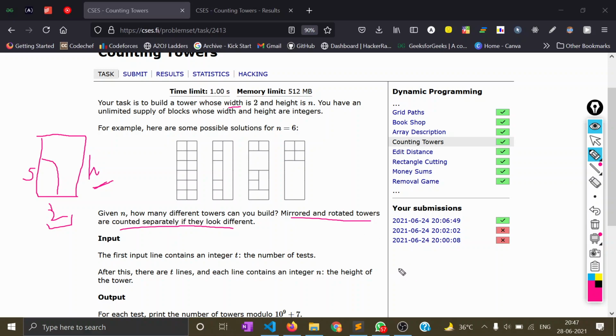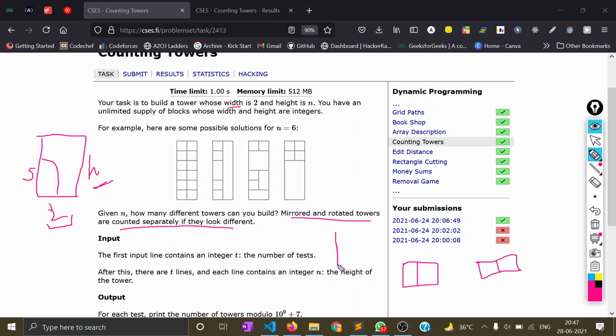So what does this statement mean? If we consider these two towers, we can see that these two towers are the same because they look the same.